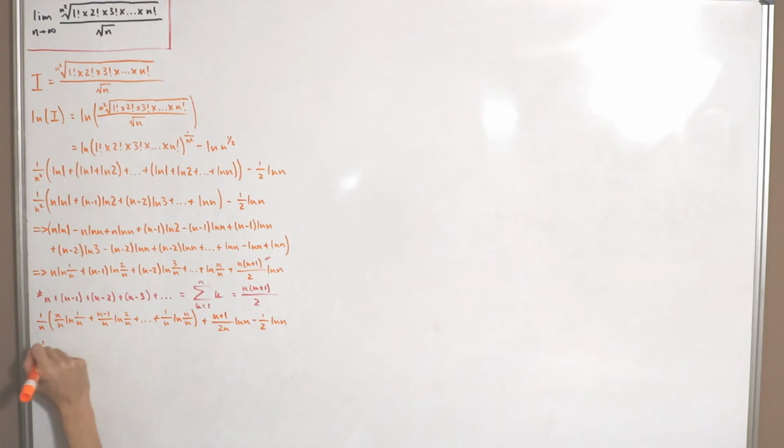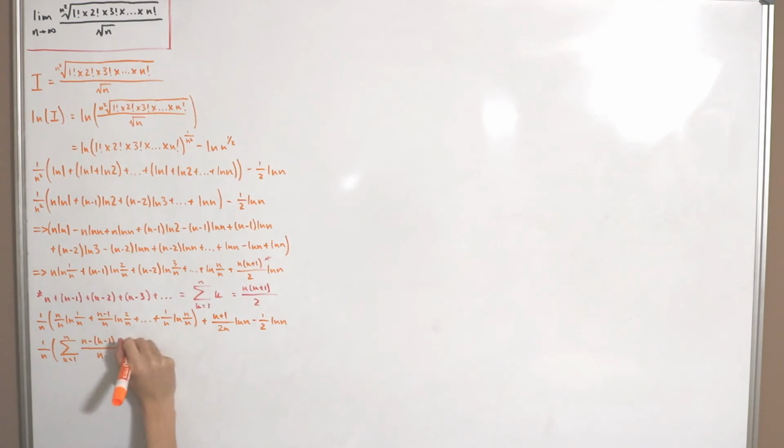So the sum from k equals 1 to n is expressed as follows: n minus k minus 1, that's the quantity, divided by n, multiplied with ln of k divided by n, plus the natural log of n divided by 2n.